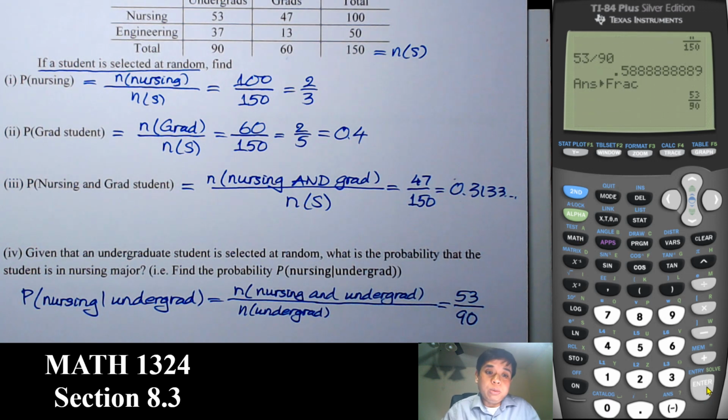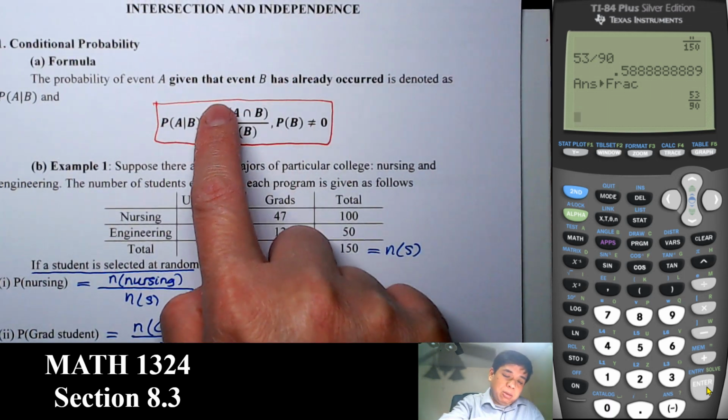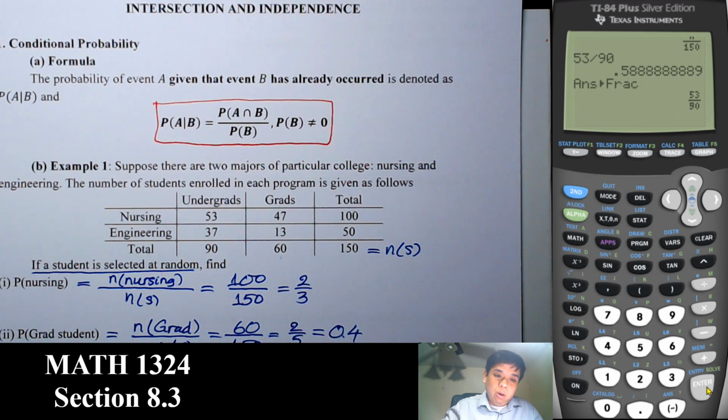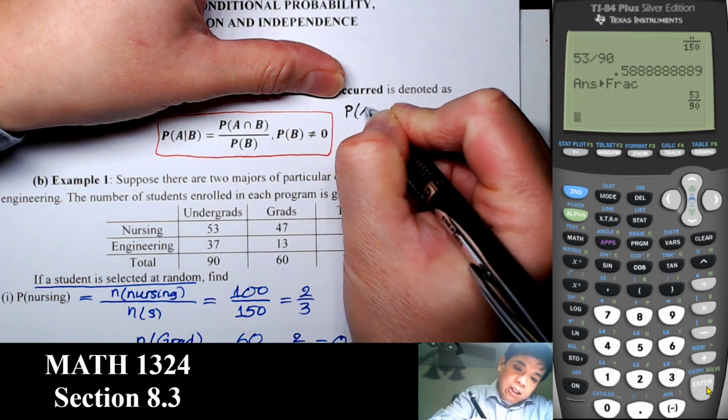Now if we want to, instead of using P, we can also use n, because if we write it like this, I'll just prove it quickly here.